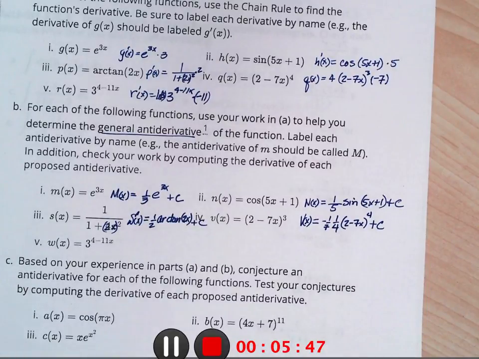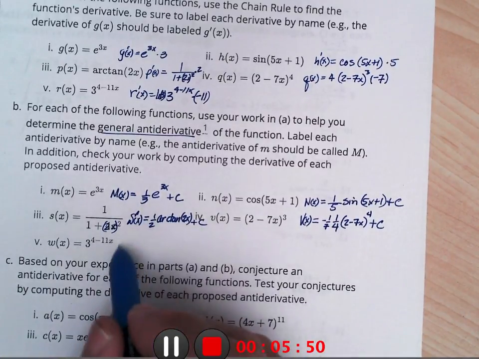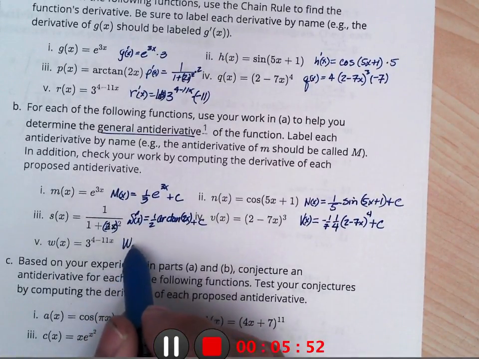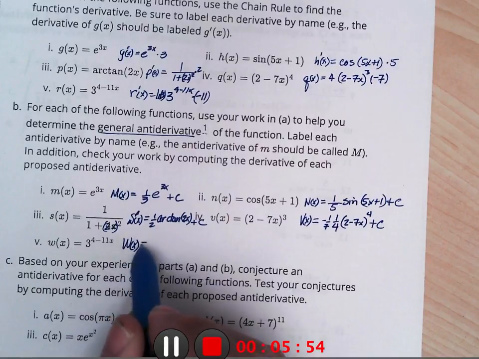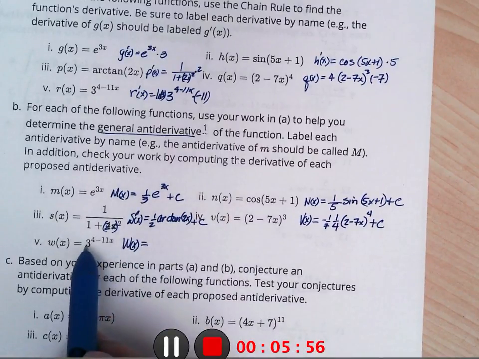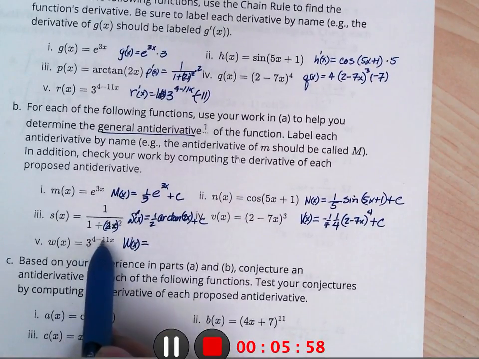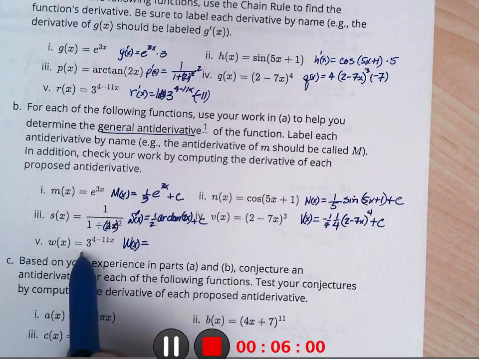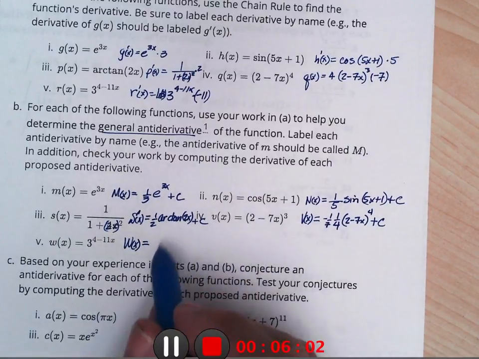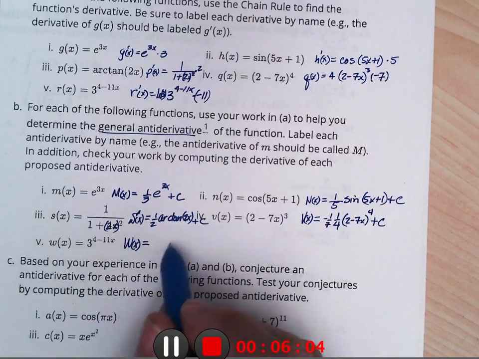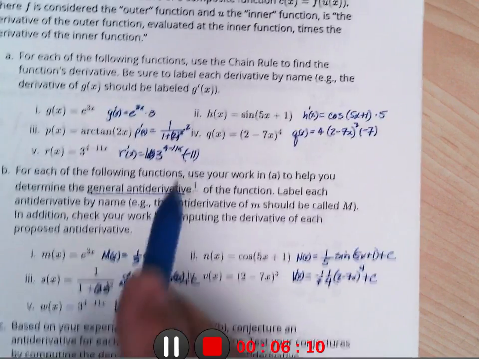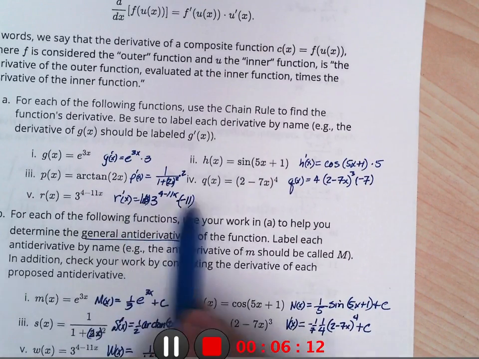And now finally the last one, W, antiderivative. Well, the antiderivative of 3 to the something, the derivative creates an ln3. So the antiderivative, if we don't have an ln3, we have to divide out the ln3 that this would create. So we have to divide out the ln3 and the -11 that would show up.